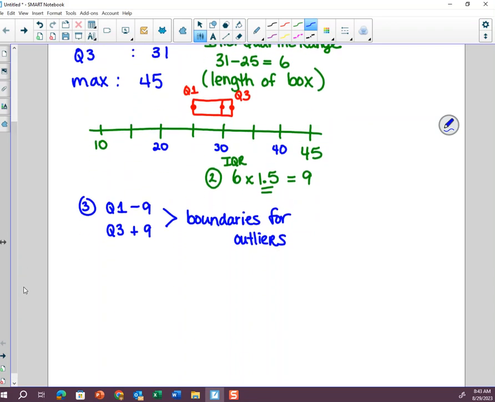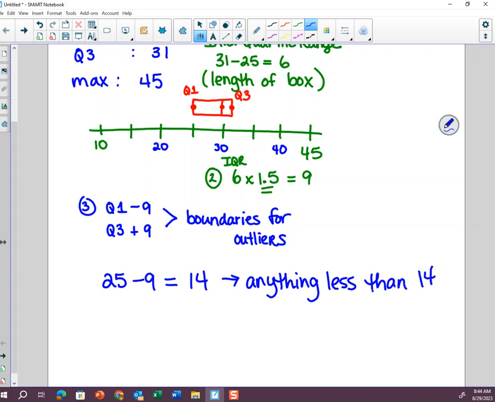Okay, so 25 minus 9 is 14, which means any number less than 14 is an outlier.